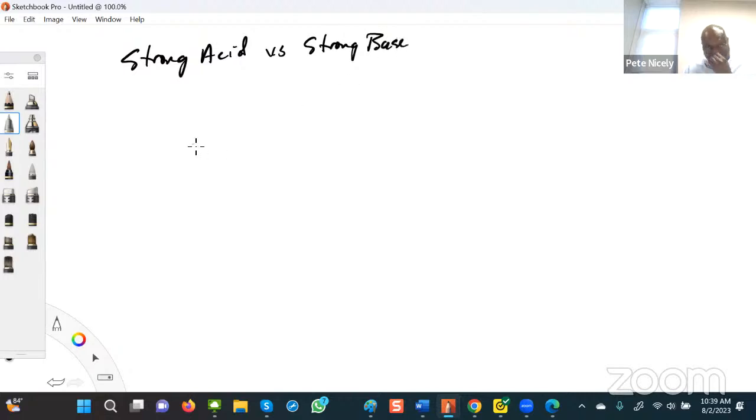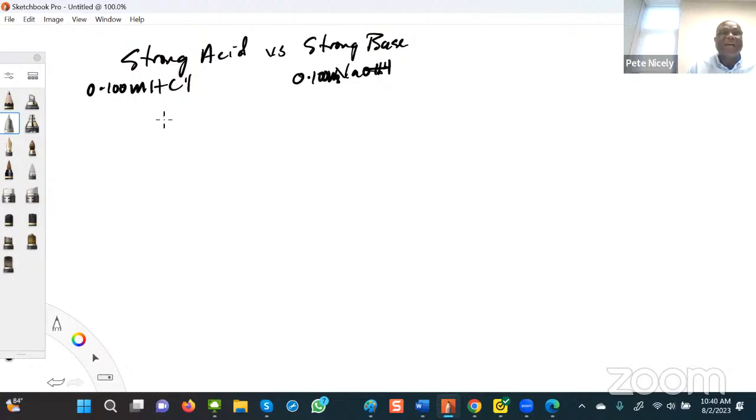Okay, so the first thing you need to do is find out the moles. I think the best way to do this is to use an example. Let's say that the acid is hydrochloric acid and the base is sodium hydroxide, all right? And let's say that the molarity of the hydrochloric acid is 0.100 M, and the same is true for the base.